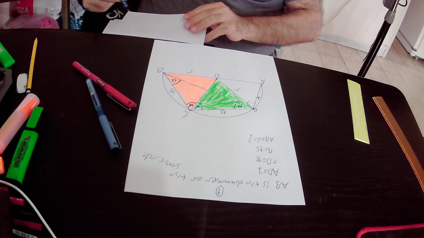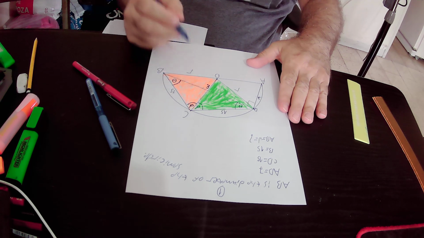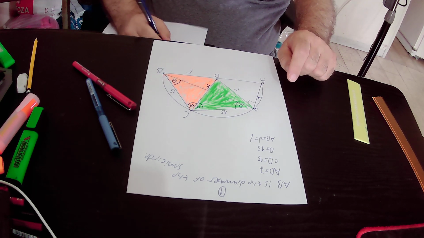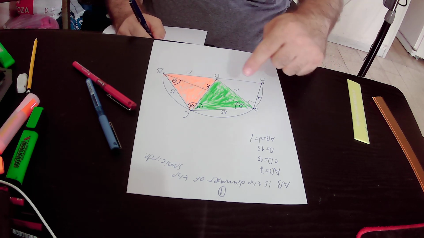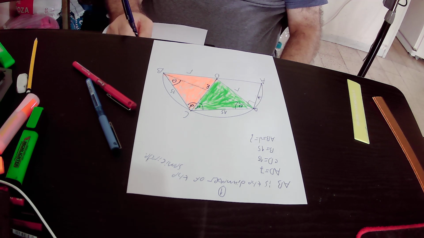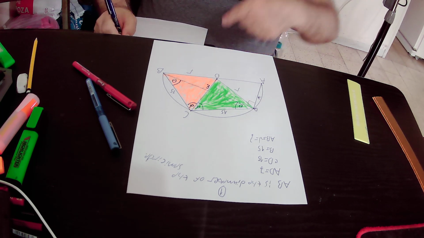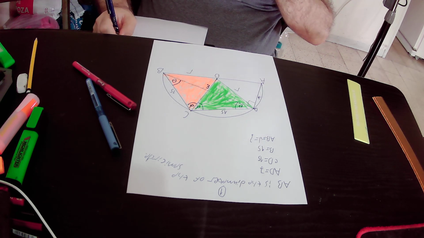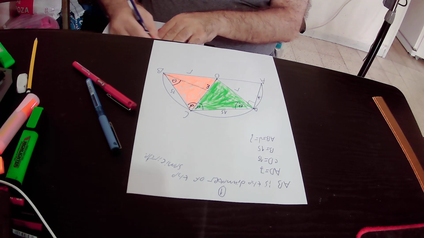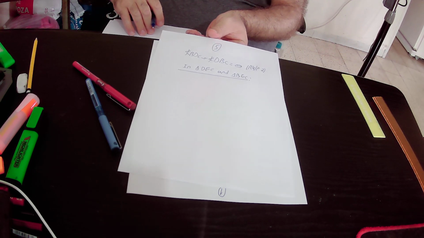Okay, in the next step we will define this point as point E. And we will focus on two triangles, the green triangle, triangle DEC, and the orange triangle, triangle BEC.